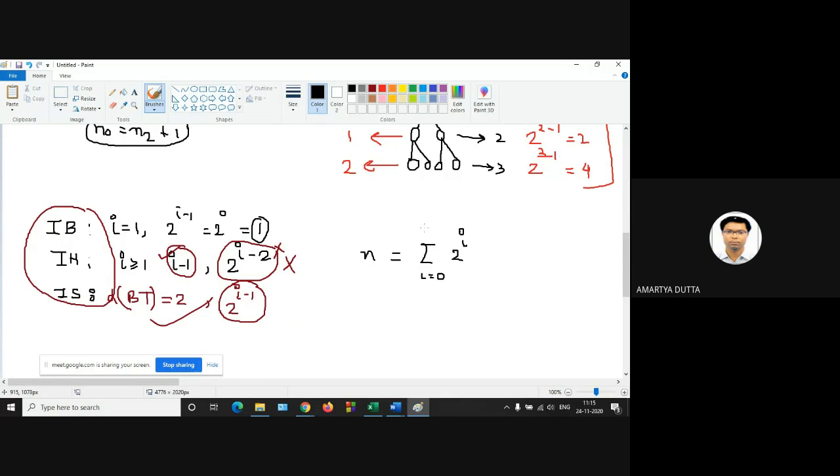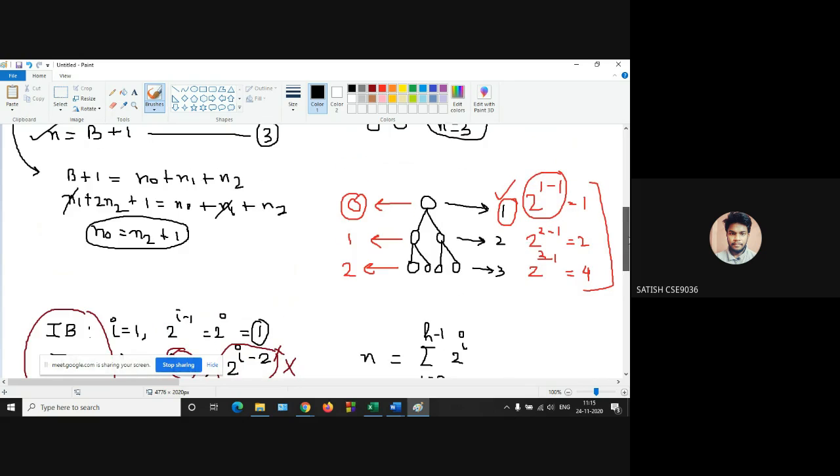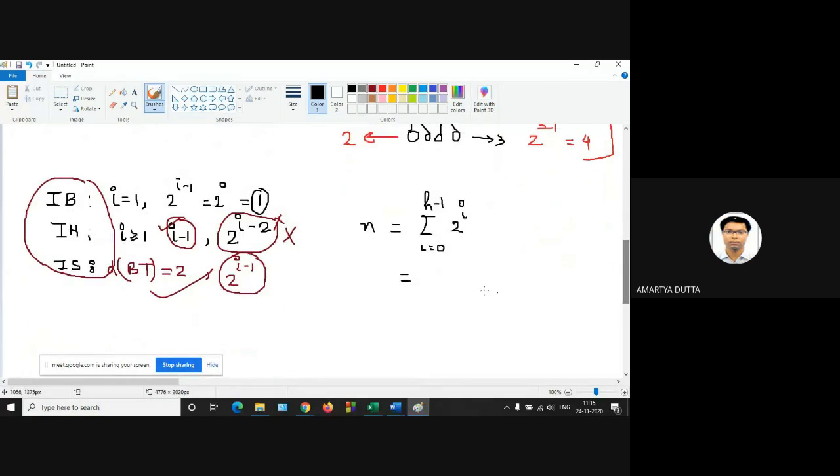Or if you follow that the level starts from 1, then I is equal to 1 to h, and 2 to the power I minus 1. Is it clear to you? Yes, sir.